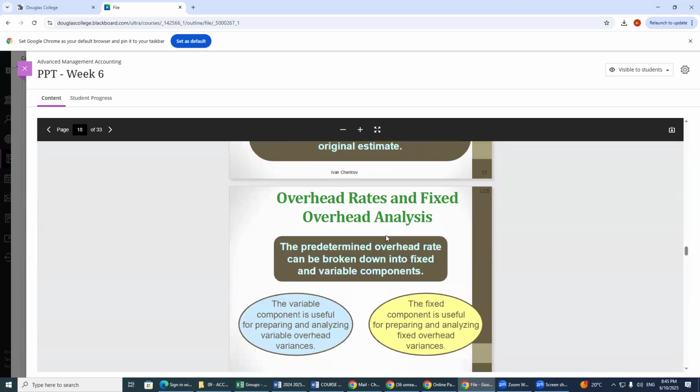Now on the predetermined overhead rate, you're going to have two things. You're going to have the variable component and you're going to have the fixed component. For the variable component variances, we're going to use the variable analysis, but for the fixed overhead, we're still going to use the fixed overhead analysis.